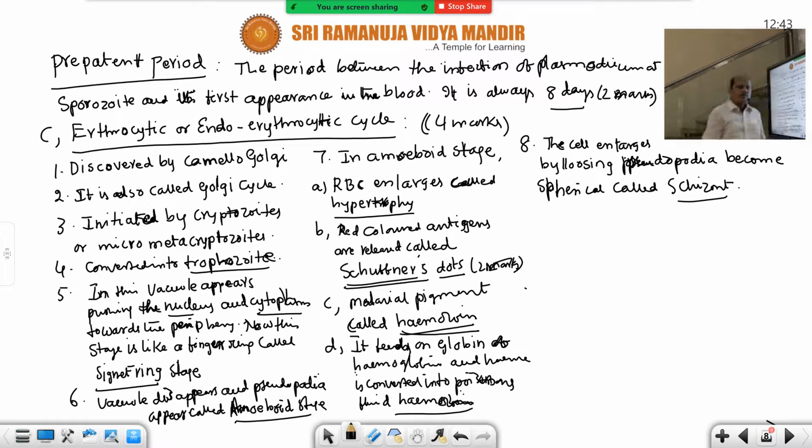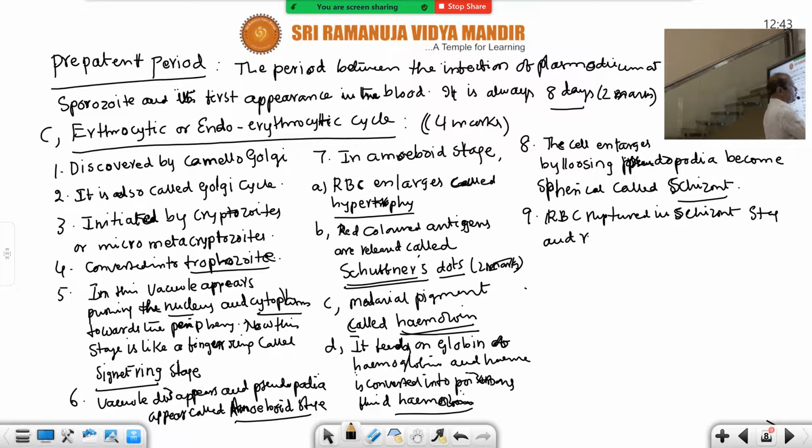At this stage, the most important event occurs: the RBC is ruptured in the schizont stage, releasing hemozoin, a poisonous fluid.